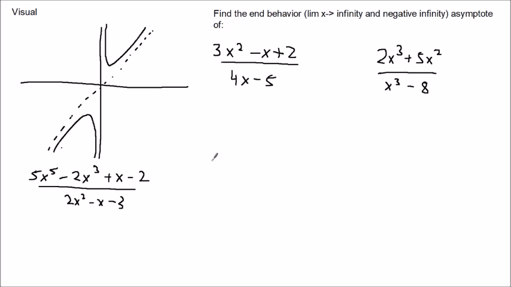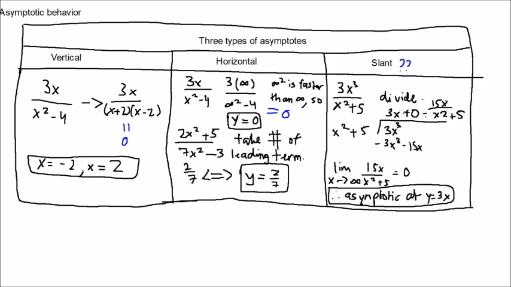There can be a function that looks like this, something ridiculous like this, and the quadratic will represent the asymptote. And there's only one of these asymptotes in the function.